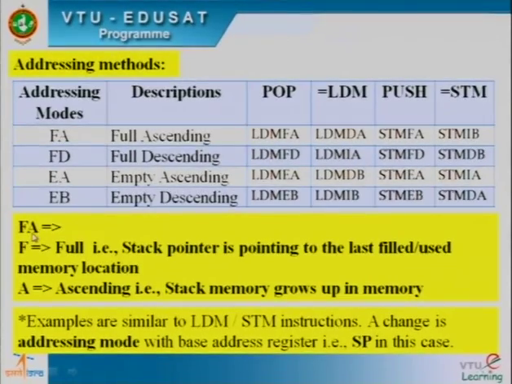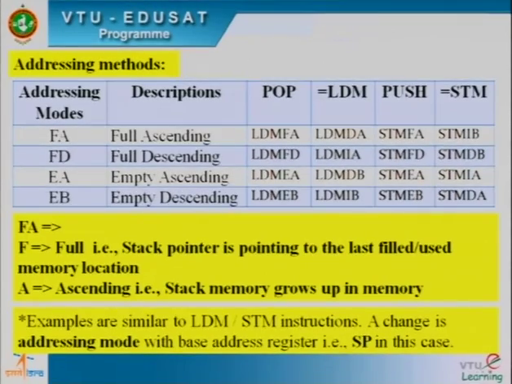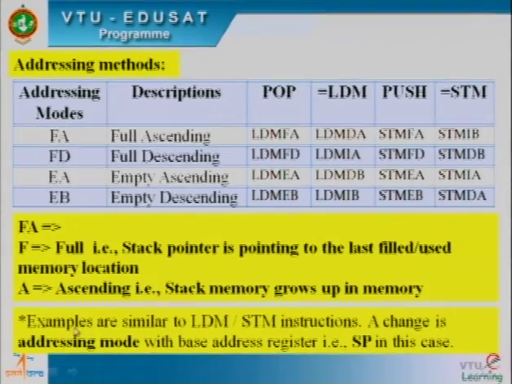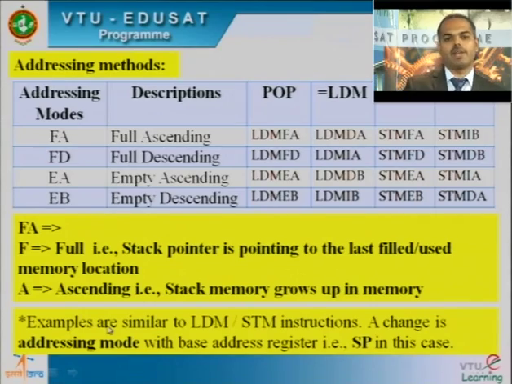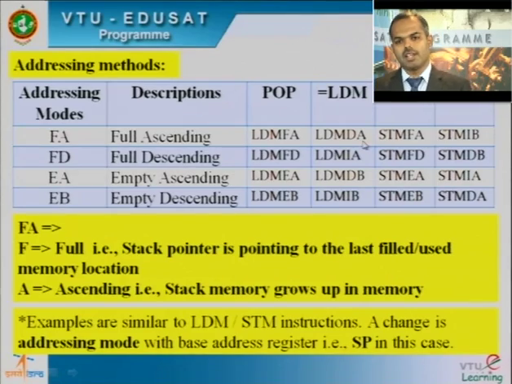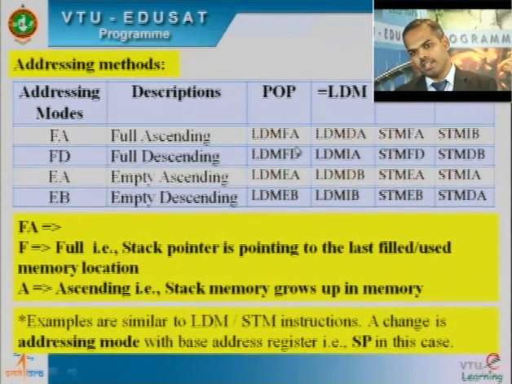That is what we have also discussed with the help of the blackboard and orally. Now the same examples that we have used for the STM and LDM instructions in the previous slides will apply to the stack operation instructions. The only difference is, instead of using LDM DA, here we will use LDM FA, that is all.